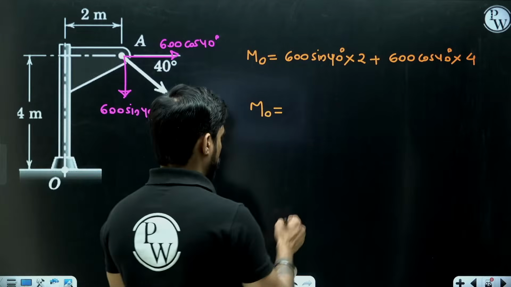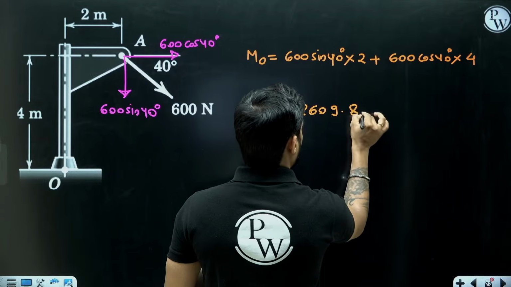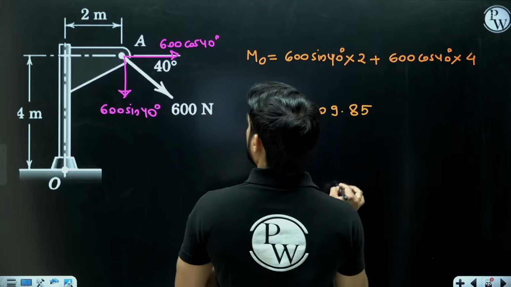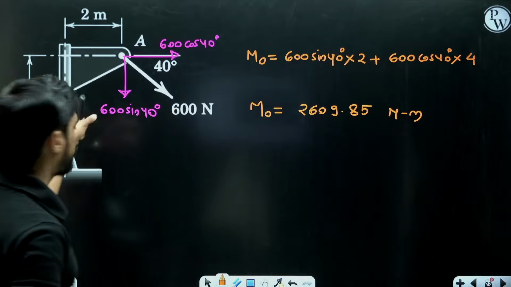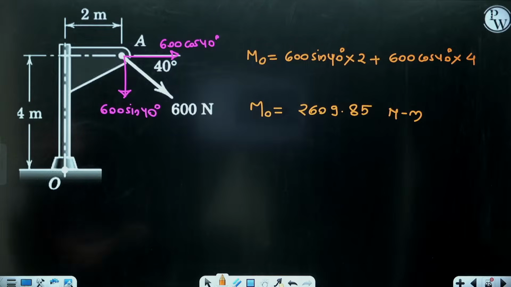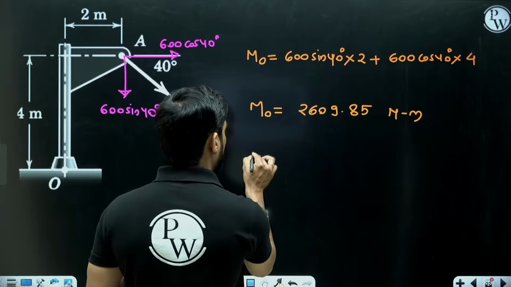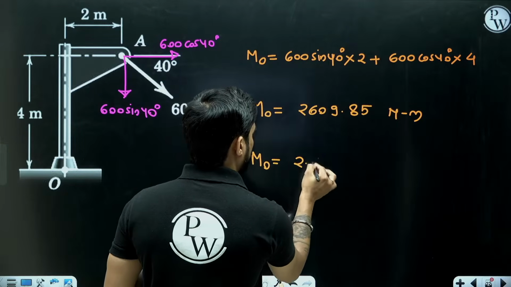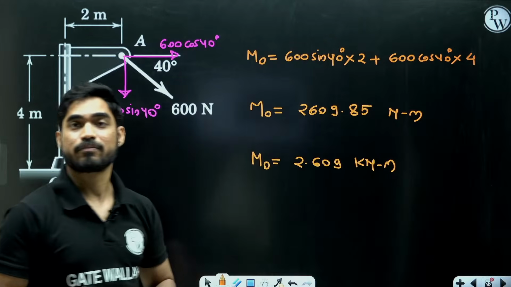So we are getting total moment as 2609.85 Newton meter, right? The force was in Newton, the distance was in meter. But we need to calculate it in kilonewton meter. It is very important that you calculate it in the unit mentioned in the question.